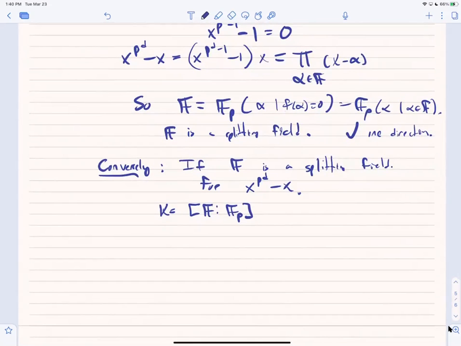And then what we do know is F cross is just cyclic of order p to the k minus 1. So how was I going to do this?